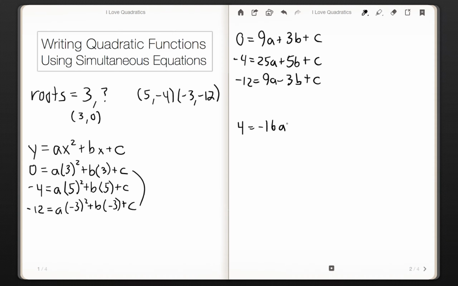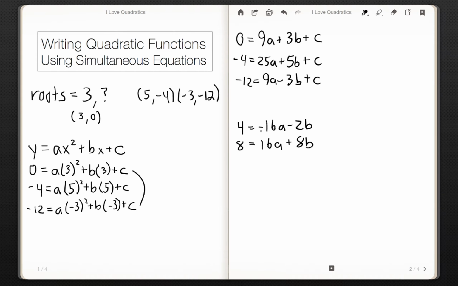And 3b minus 5b equals -2b. Now we have 1c in the last 2 equations as well, so let's subtract this bottom equation from the middle one. -4 minus -12 is 8. 25 minus 9 is 16a. And 5 minus -3 will be 8b.